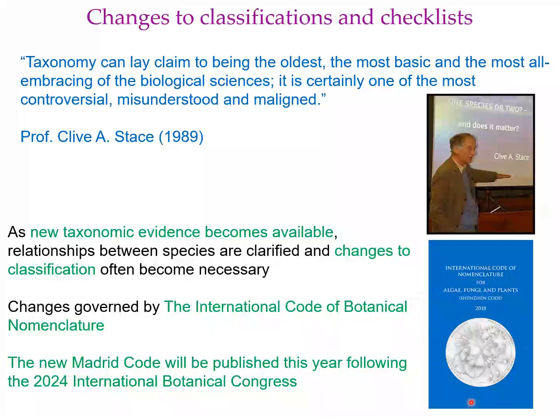And this is a sort of the law book of how to name organisms and how to deal with names of organisms. So we last year had the International Botanical Congress, where these books are discussed every 6 years and revised. So we expect a new code, the Madrid Code, to be published this year.